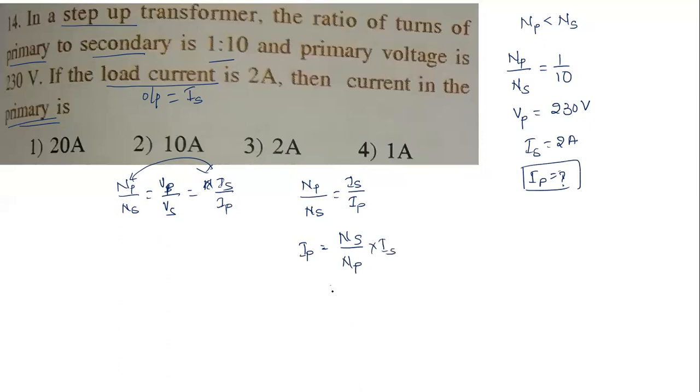Since NP by NS is 1 by 10, NS by NP is 10 by 1. So it is 10 by 1 into IS, which is 2 ampere. It becomes 20 ampere. So the current in the primary is 20 ampere, and the current in the secondary is 2 ampere.